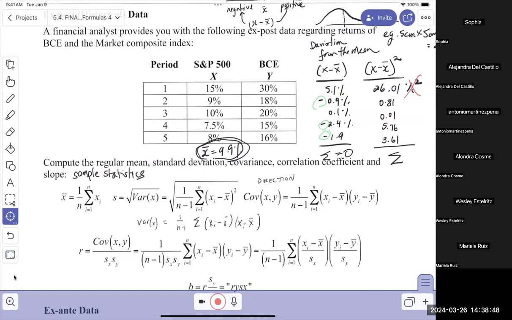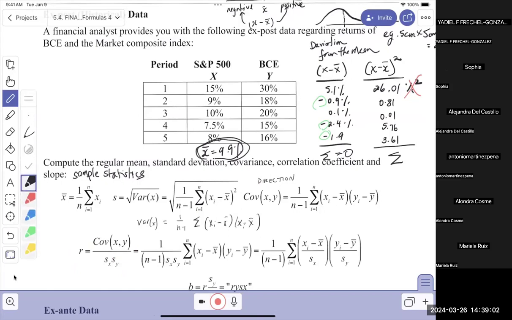What we do to make it a standard way is to standardize it. In other words, we take the covariance and divide it by the two standard deviations to get this. What do we call this? Correlation coefficient. It's in the list. Okay, this is the correlation coefficient. Right, Alondra, Alejandra, thank you.